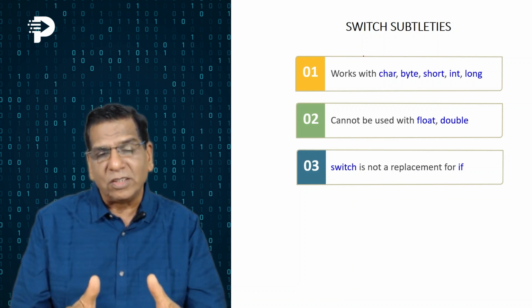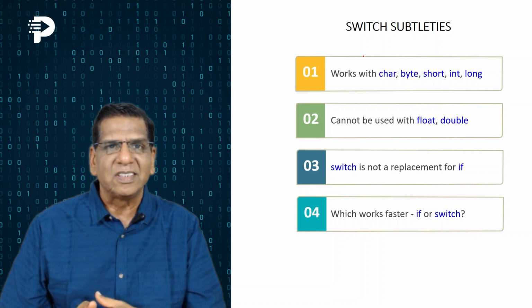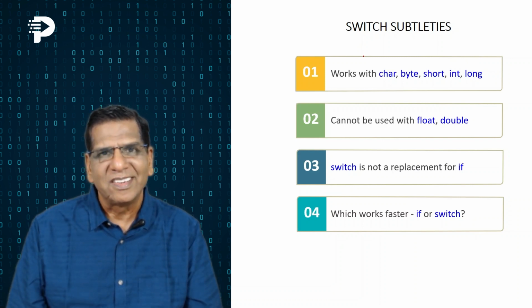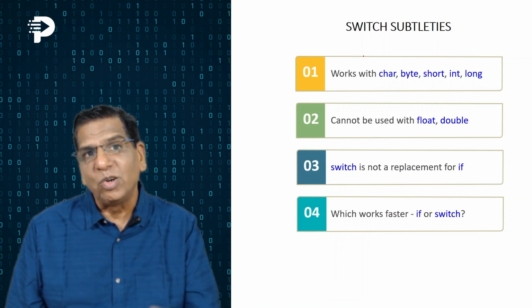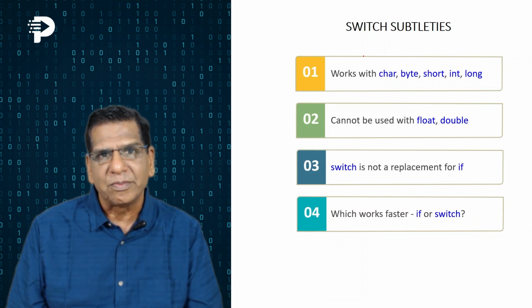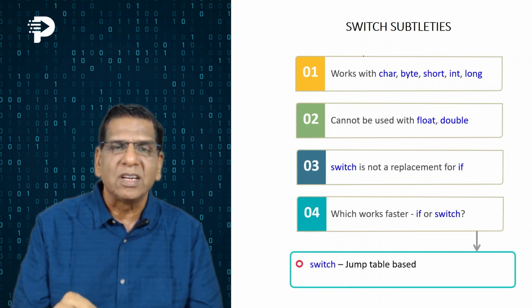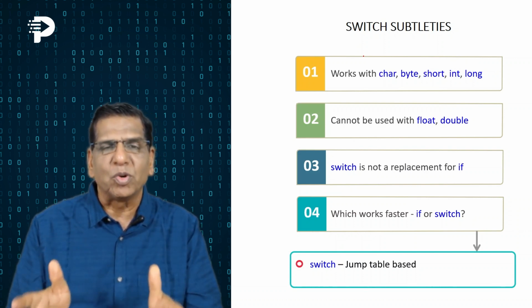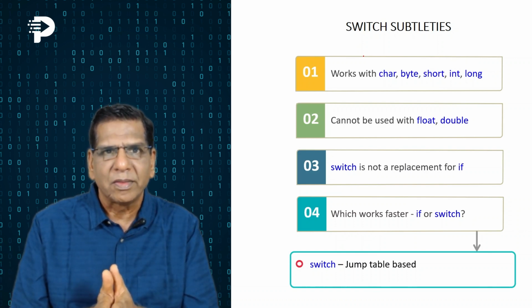Now, if there is a logic which can be implemented using if, it can also be implemented using switch. Question comes, which one should you prefer? Well, switch is likely to work faster than if. Why? Because switch is always implemented using what is known as a jump table. When you compile a program which uses a switch, a jump table is created in memory. That jump table contains what?